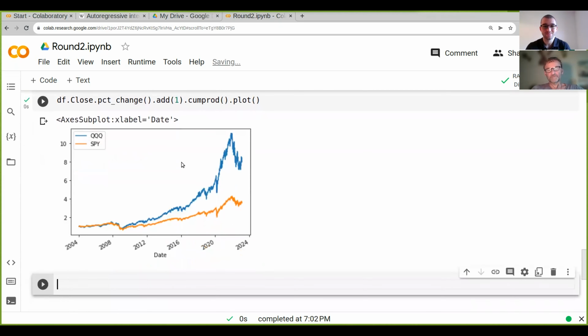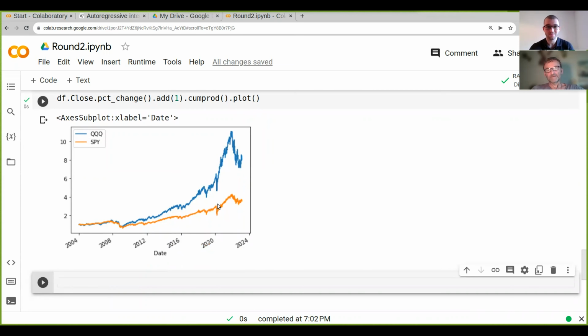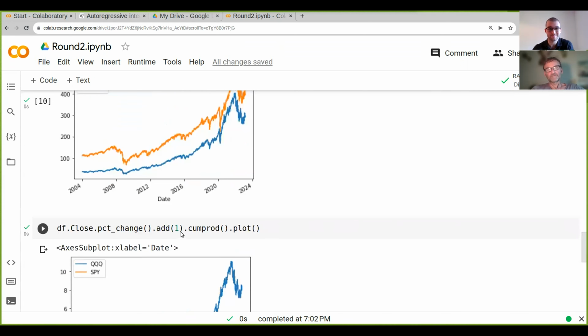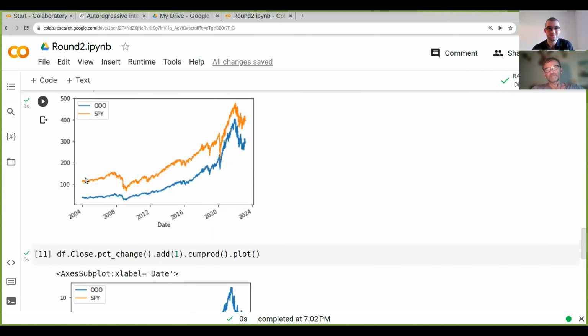This is basically what they look like when they are aligned. The difference in slope arises from the fact that we start with different starting points. If you start with these starting points as they are here, then you would see the same curves.